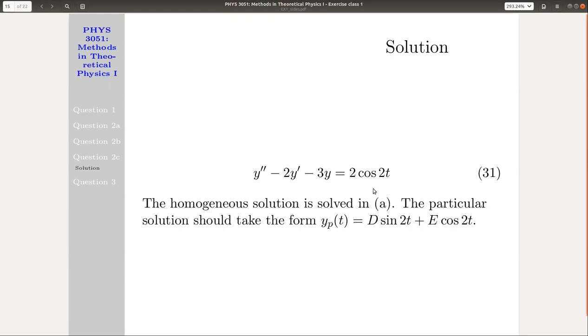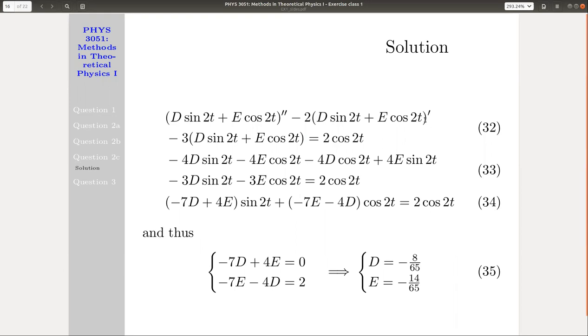But because on the left-hand side there is a second order derivative and also a first order derivative, if the right-hand side is cosine, then the particular solution would not be just cosine only, because if y is sine, then the first derivative will also give cosine. So it's also possible for y to have some sine term here. So the particular solution is indeed a linear combination of sine and cosine.